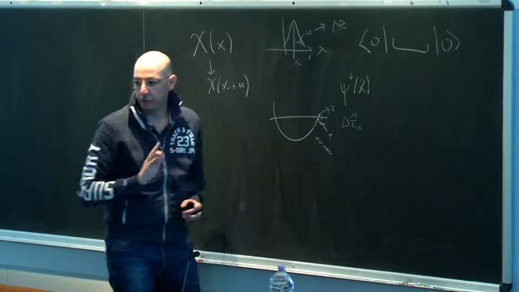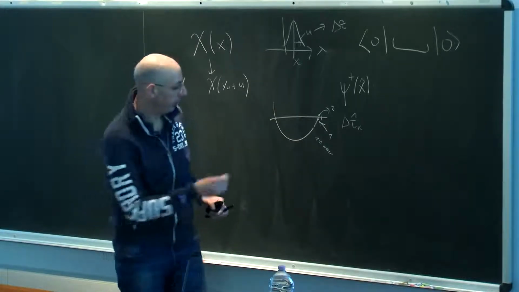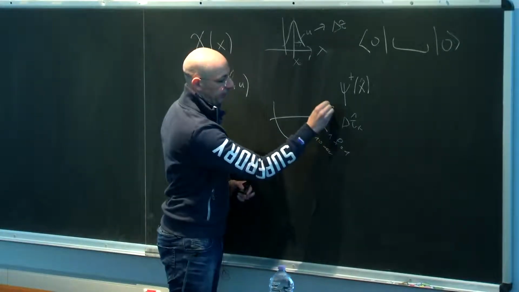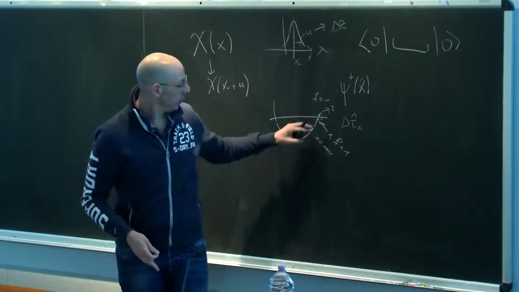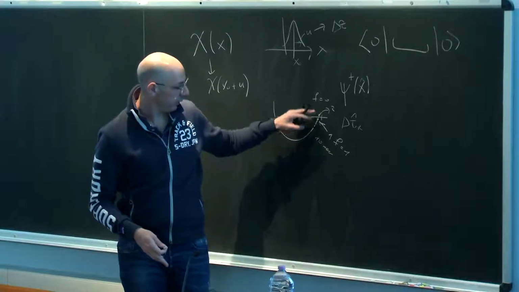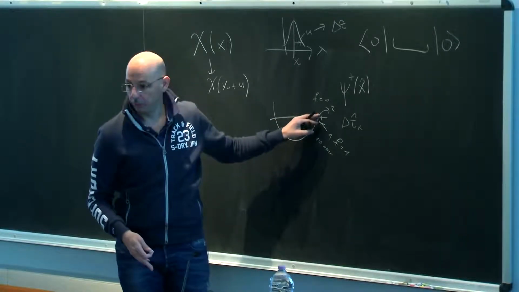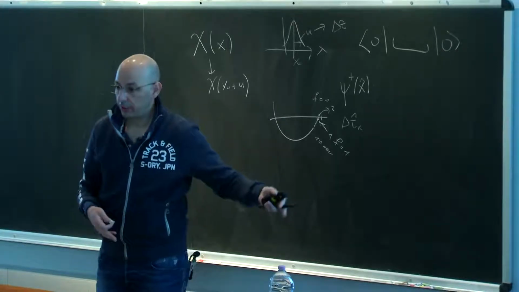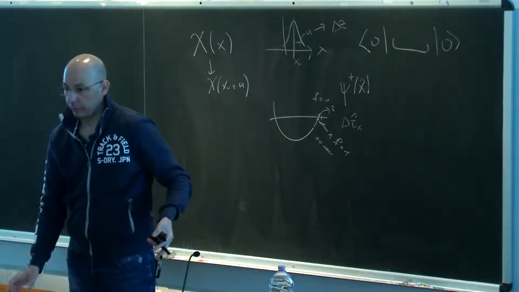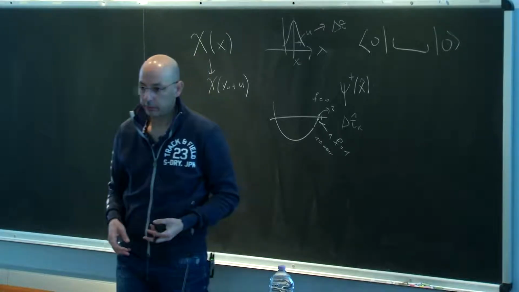So that prefactor is non-zero, because this is occupied. So this is f equal 1, and this is f equal 0, let's say at zero temperature. So this can be non-zero, but the energy difference may be very small, and it may happen that this energy difference resonates with the phonon energy. Okay, so that's basically right.